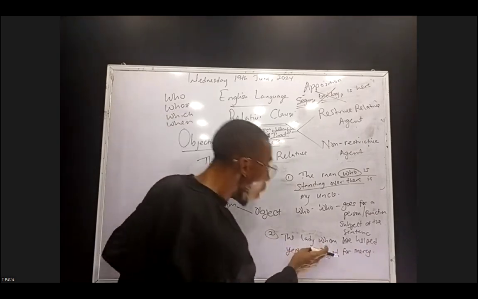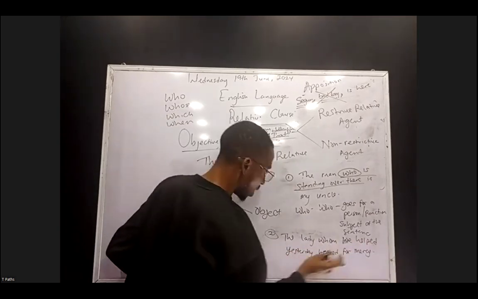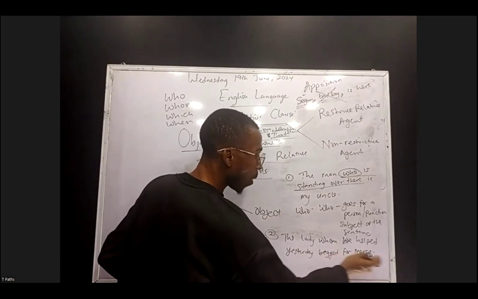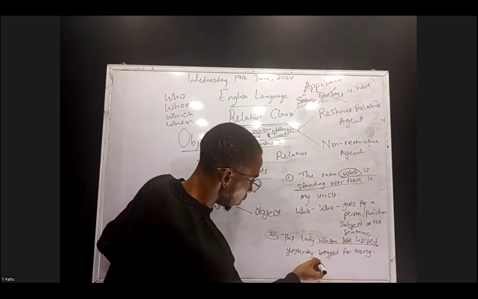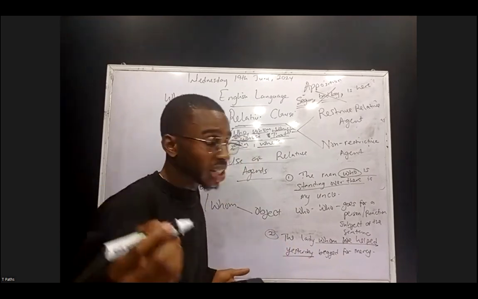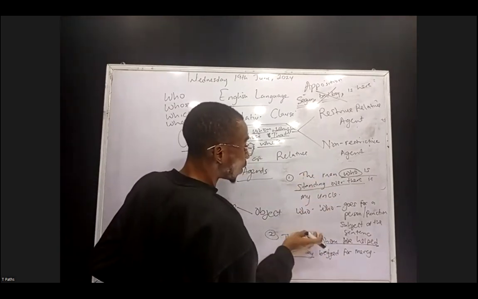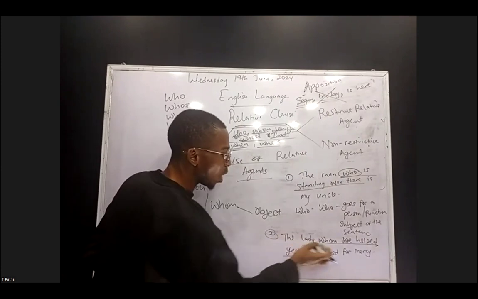The lady whom we helped yesterday begged for mercy. Look at it. Whom we helped yesterday. The first thing, ask yourself, is this a restrictive or non-restrictive? It's still restrictive because there's no pair of comma.